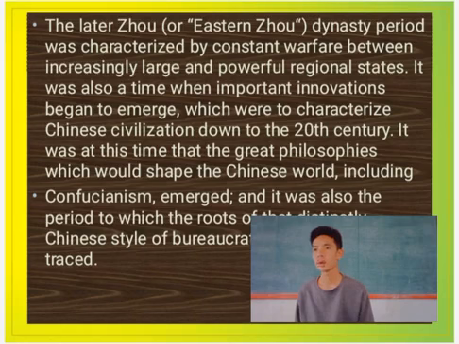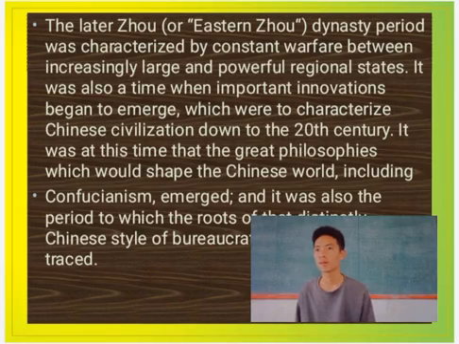The later Zhou, or Eastern Zhou, dynasty period was characterized by constant warfare between increasingly large and powerful regional states. It was also a time when important innovations began to emerge, which characterized Chinese civilization down to the 20th century.